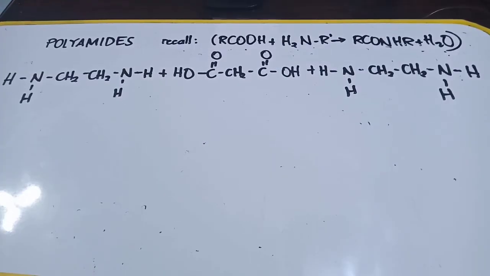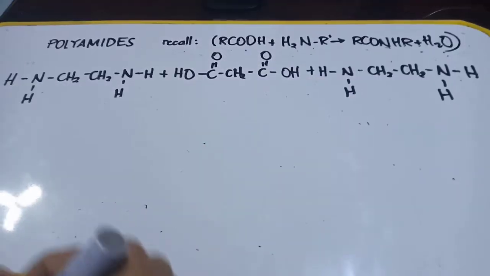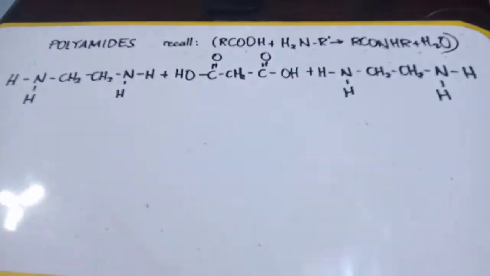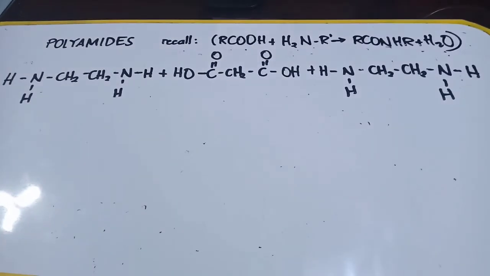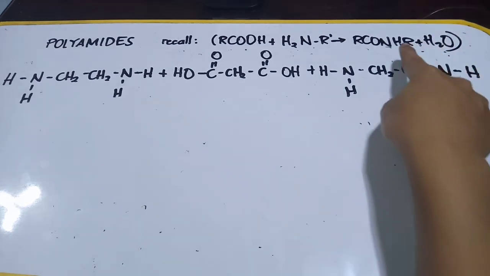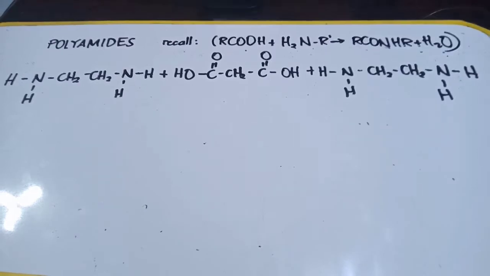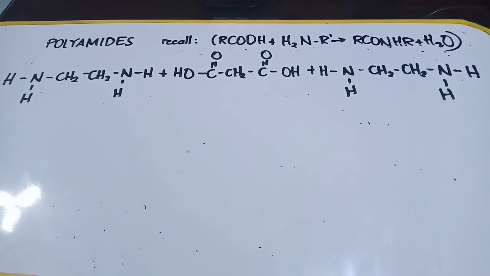We will now have the polyamides. Remember, there are two types of condensation reaction, esterification, and this is the formation of the amides. We need a carboxyl group plus a secondary or primary amine to produce amide linkages plus water. Now we are given a reaction.